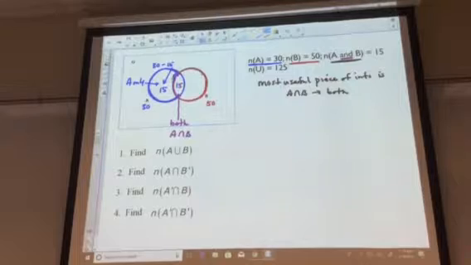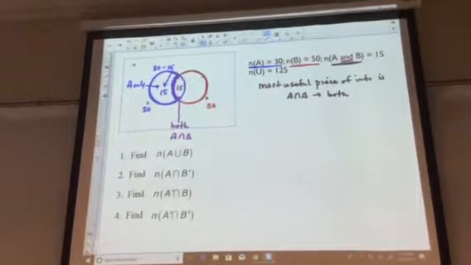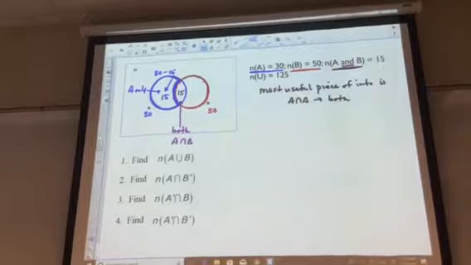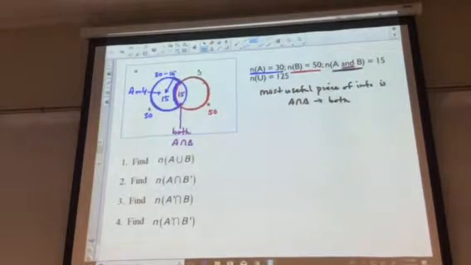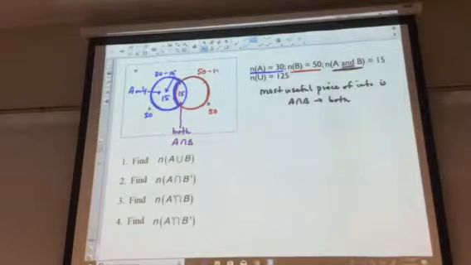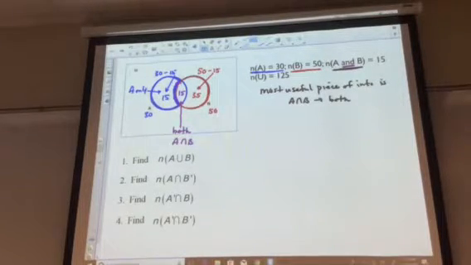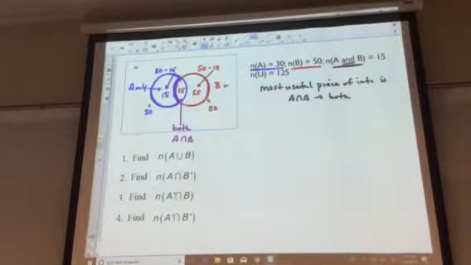A only is the left-hand crescent of that circle. And if that worked well, then wouldn't we also be able to use the 50 in the circle B? Of the 50 that are here, we already know where 15 are, leaving us 35 items that are in B only.